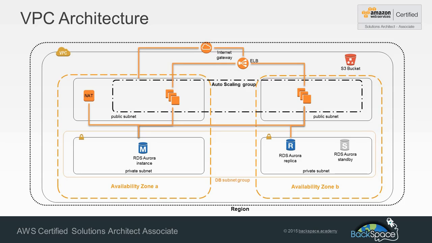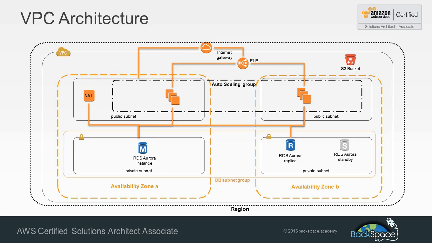So we're going to have an RDS Aurora standby instance there, and we're also going to create an RDS Aurora replica to take the read load off our RDS master database, to allow those databases to get updates through to the internet.